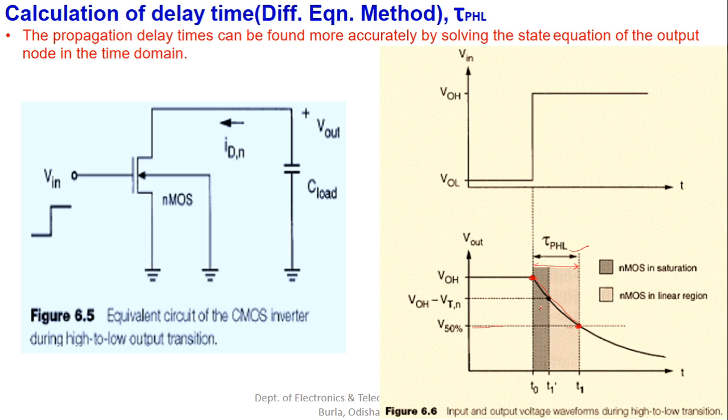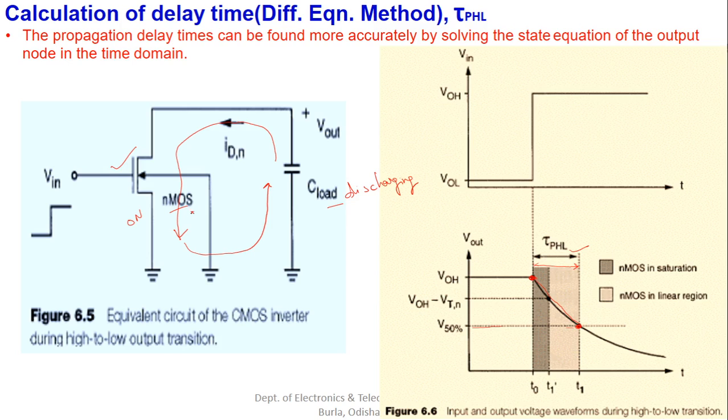But there is a transition in the mode of operation of the NMOS, because the output is going from high to low. It means the load capacitance is discharging, losing its charge following this path, and the NMOS is on.